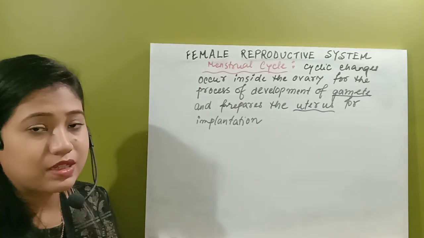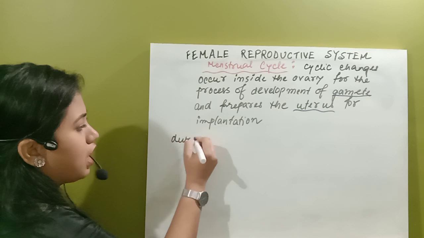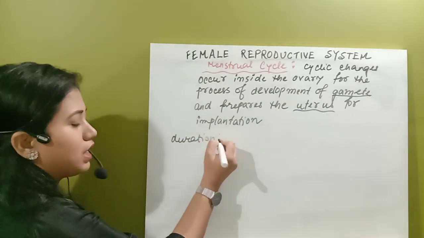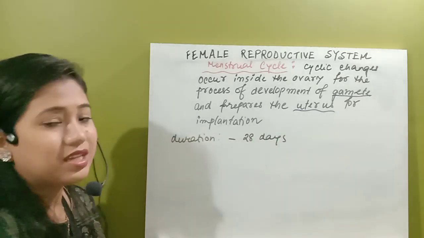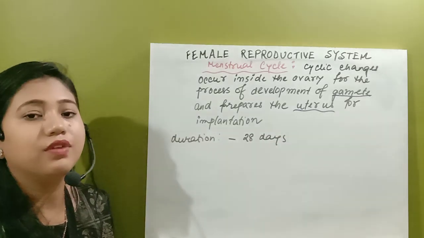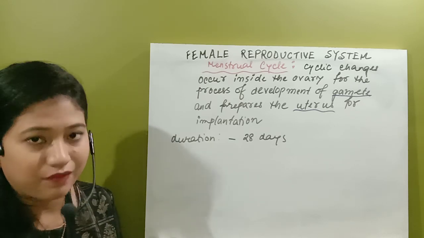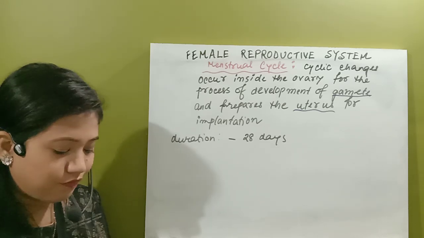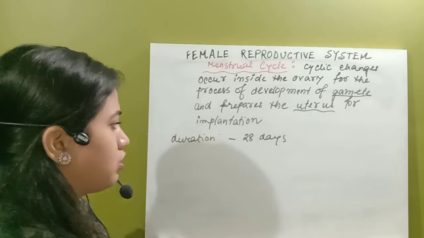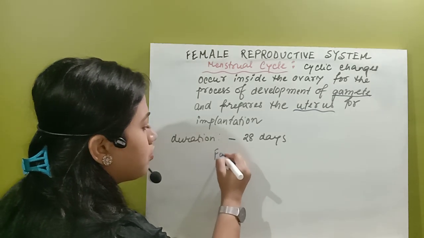So the duration of this menstrual cycle in the normal case is around 28 days. Now just see, in this menstrual cycle, we have different phases that will occur. We basically divide it into 4 different phases. First phase is the preparatory phase or follicular phase.